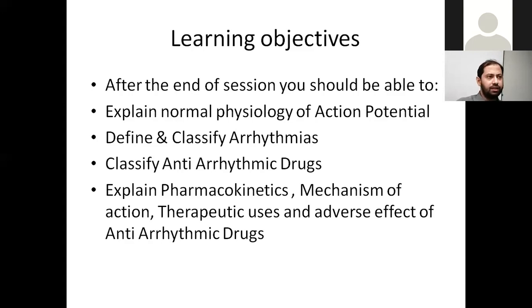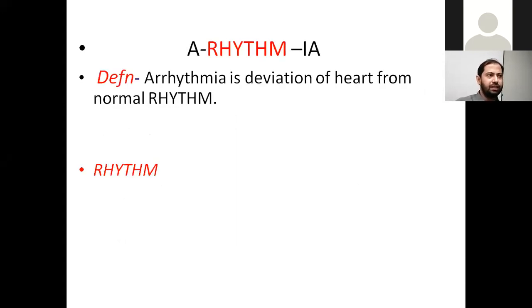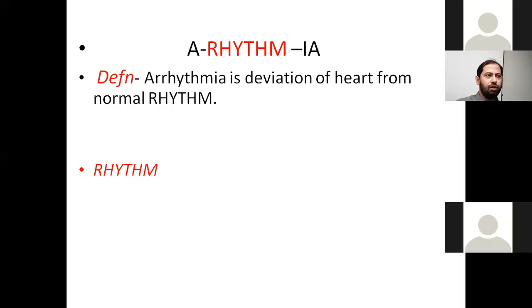So starting with the definition of arrhythmia. What is arrhythmia? It is a deviation of the heart from normal rhythm. So you should know about the normal rhythm, the characteristic features of normal rhythm.